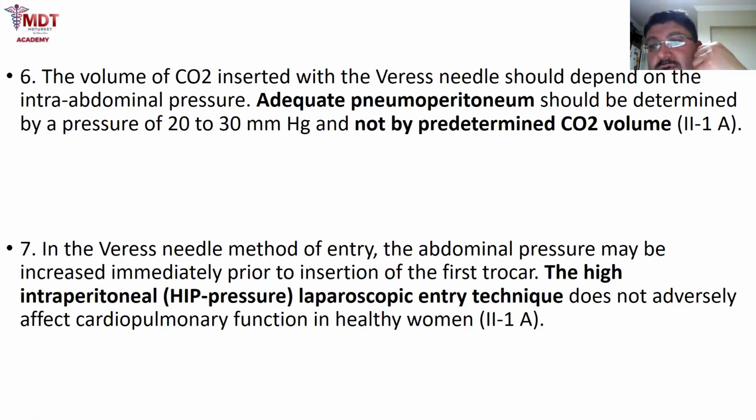First, you enter the abdomen by Veress needle, and the highest pressure that you will do the surgery at is 15 millimeters mercury. But at the beginning, you may increase it to 20-25 millimeters mercury before you enter the trocar. So you can use this technique, and the quality of evidence for this recommendation is also two, because it does not adversely affect the cardiopulmonary function of the healthy patient.